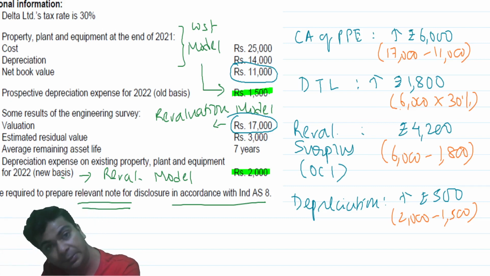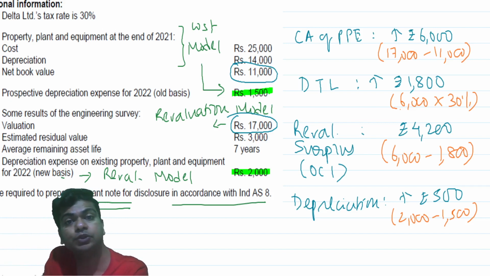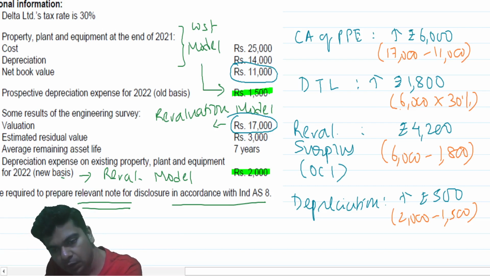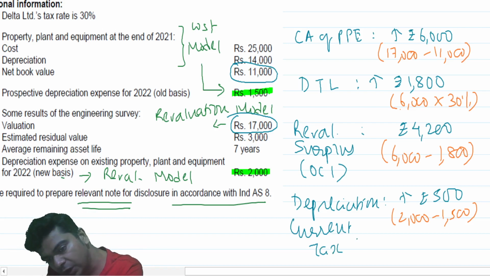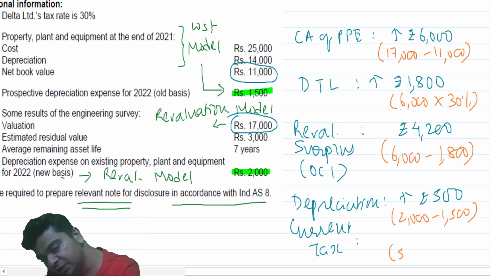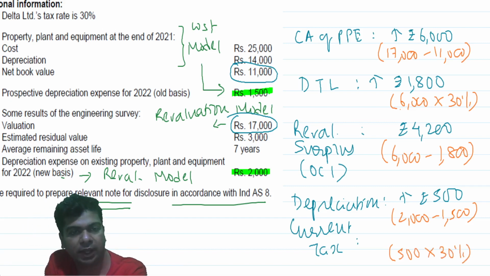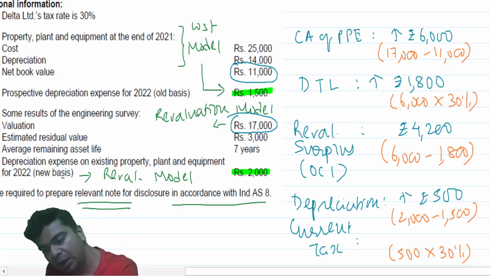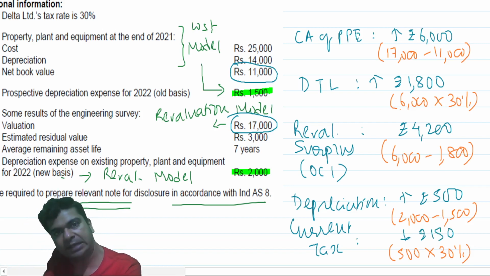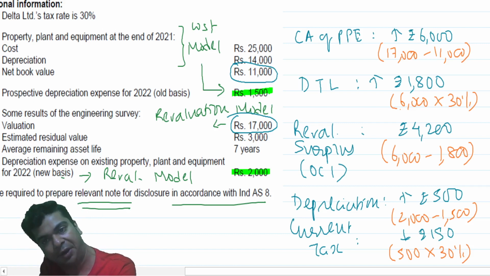If expense will be debited to the P&L, it will reduce your current tax liability. Your current tax will reduce. How much will it reduce? Depreciation is increased by 500 and the tax rate is 30%. The amount is turning out to be rupees 150. Current tax liability requires to be reduced by 150.